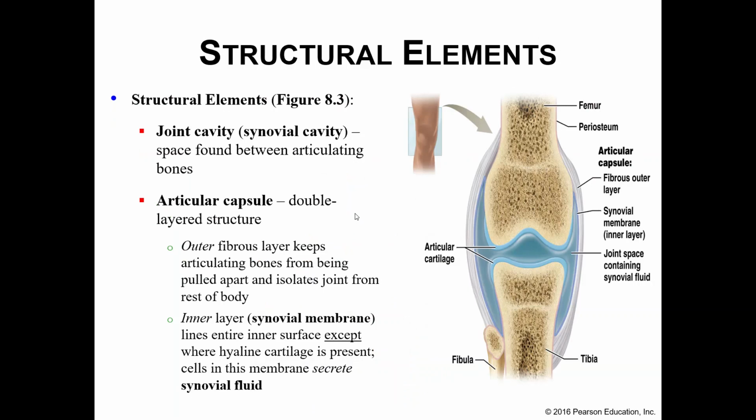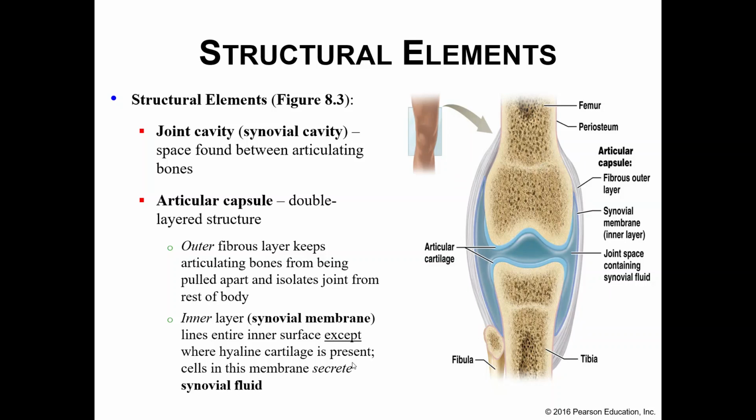Now, the joint cavity itself, the synovial cavity, we've already mentioned it is full of synovial fluid. This comes from specific cells within the cavity itself. We have synoviocytes that secrete synovial fluid. The synoviocytes are in the innermost layer of the articular capsule, which is this whole contraption here.